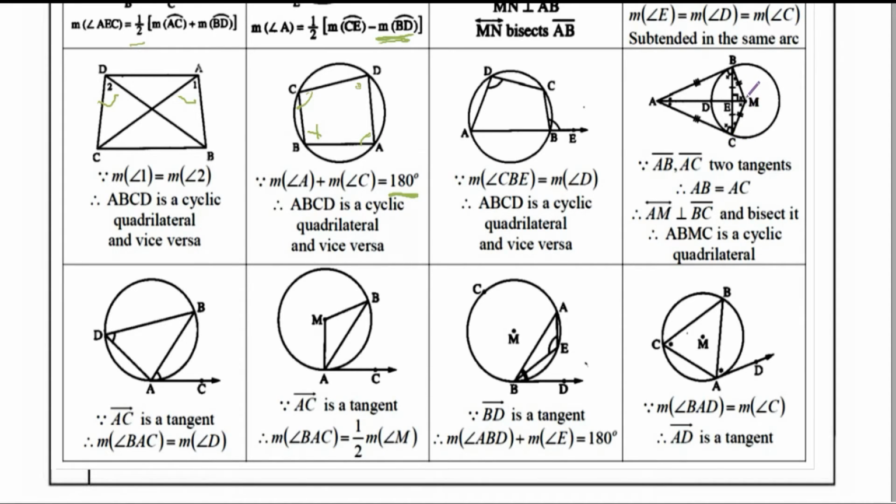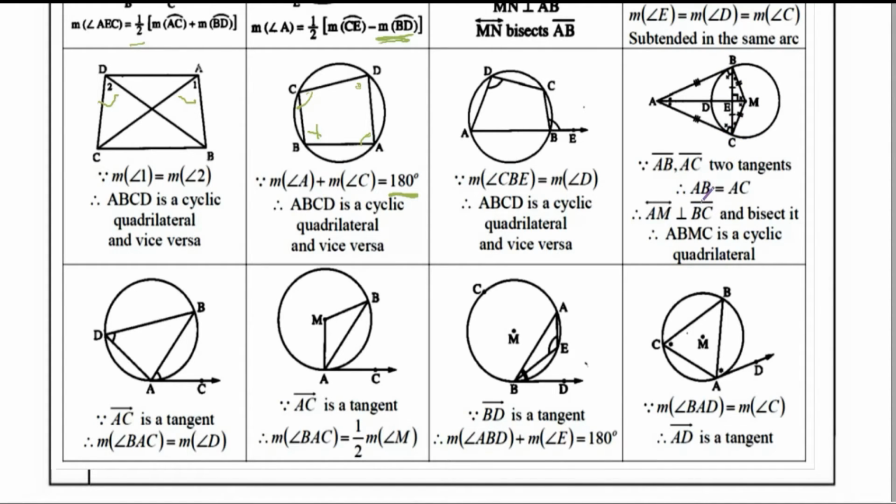Yes, measure of angle MBA equals 90 degrees, and MCA equals 90 degrees. Also, AM, this line segment joining the point A and the center M, is perpendicular to BC and also bisects it. So BE equals CE.